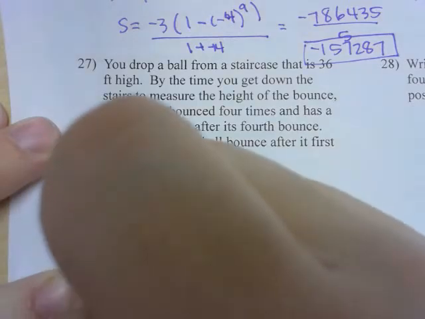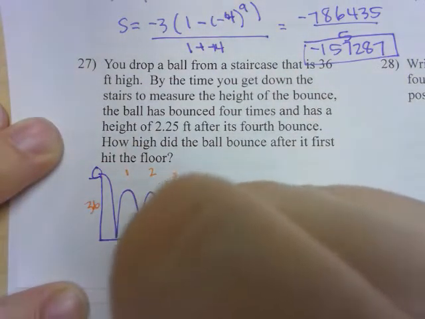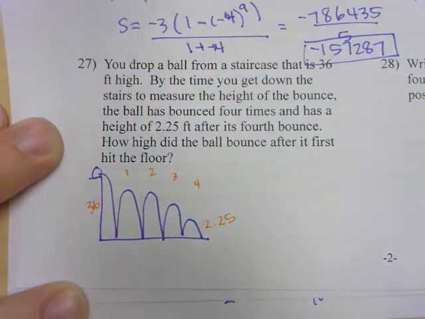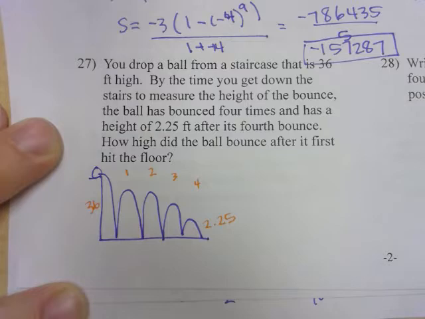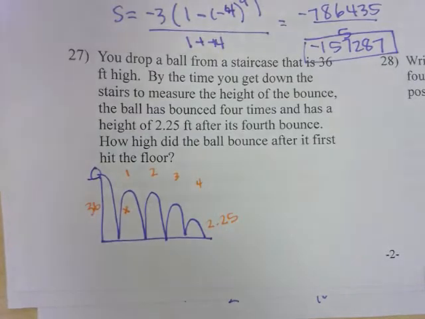So, it's bounced once, twice, 3, 4 times. And this 4th bounce is 2.25. How high did the ball bounce after it first hit the floor? So we're wondering how tall that bounce is right there. What's the second term?